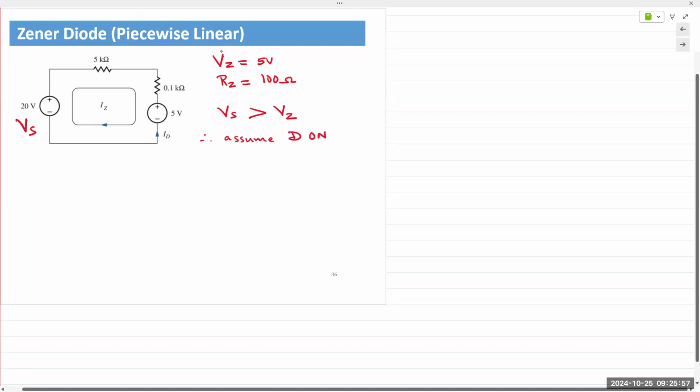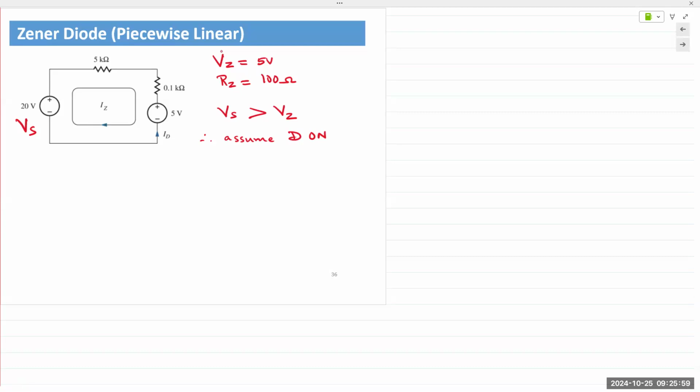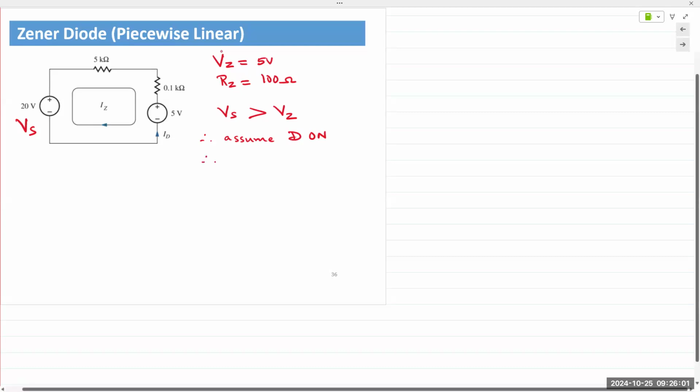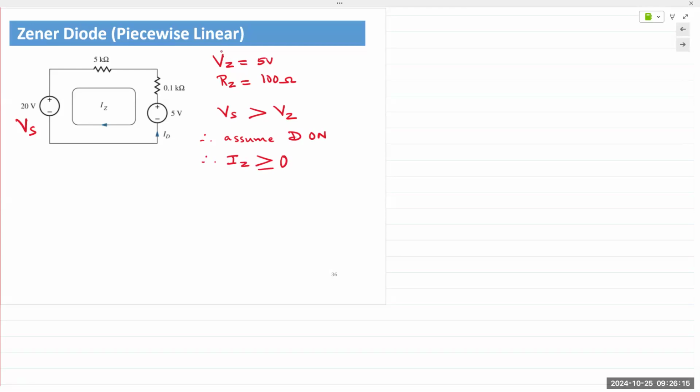If the diode is on, then there is a current flowing through it, and therefore IZ must have a positive value. So IZ must be greater than or equal to 0. We analyze the circuit and observe whether IZ is greater than or equal to 0. If that condition is satisfied, then our assumption is valid.